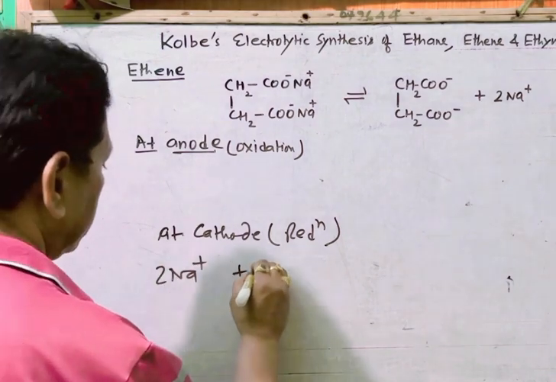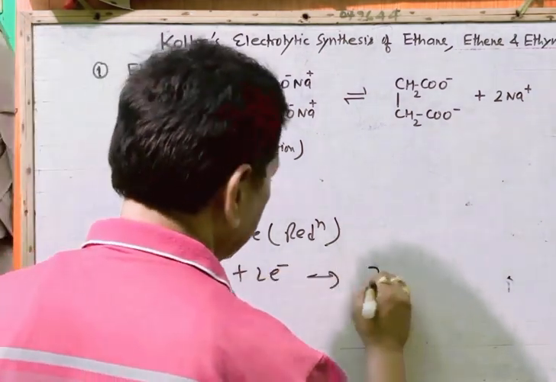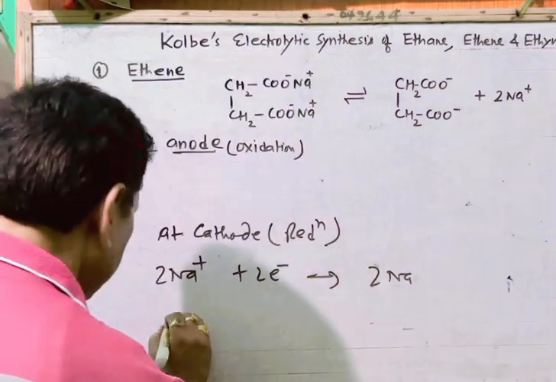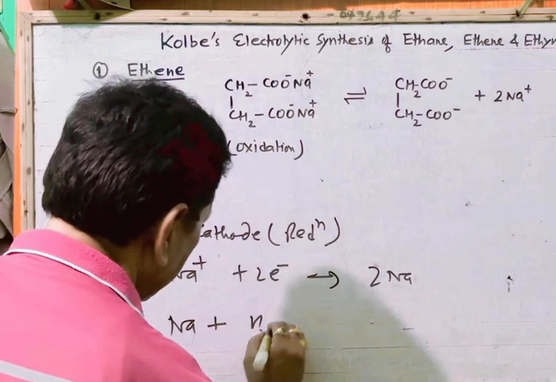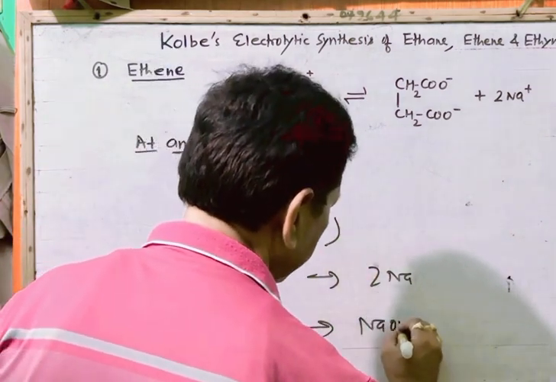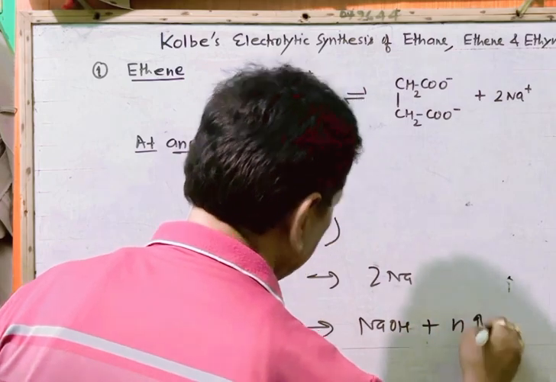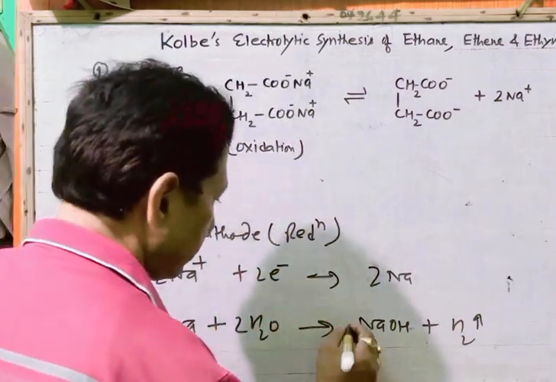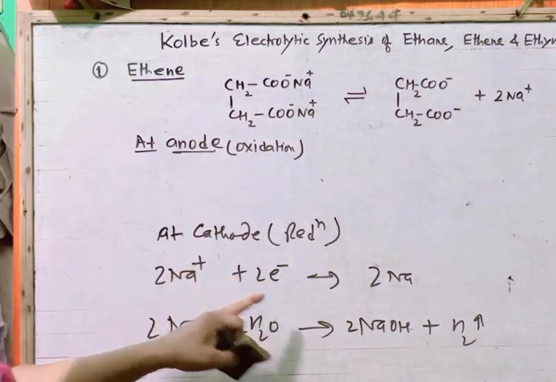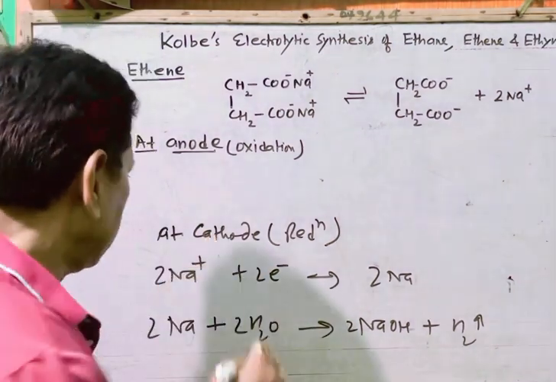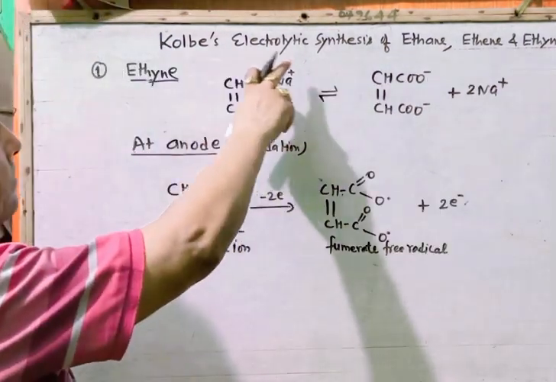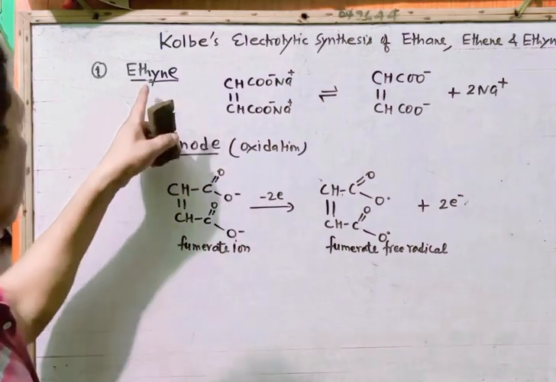Sodium ions plus two electrons, which we already have, give liberated sodium metal, and this sodium metal reacts with water to give sodium hydroxide plus hydrogen gas, which is also liberated like this. This happens at the cathode terminal.